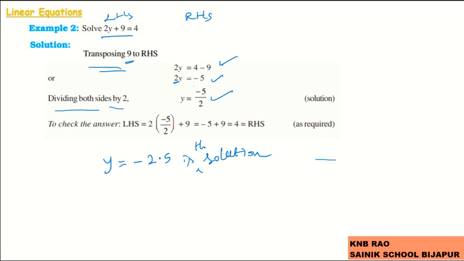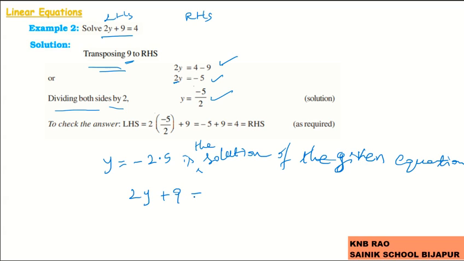It is the solution of the given equation 2y plus 9 equals to 4. Similarly, we can check the solution whether that is correct or not.